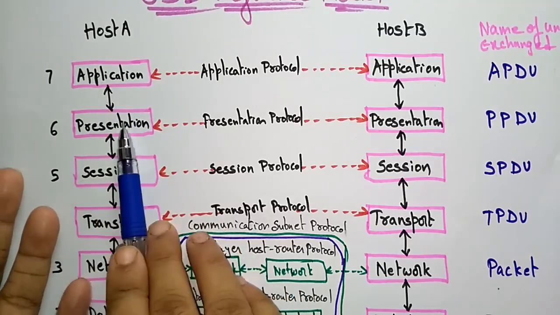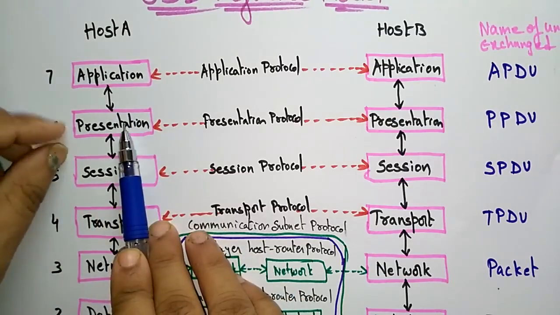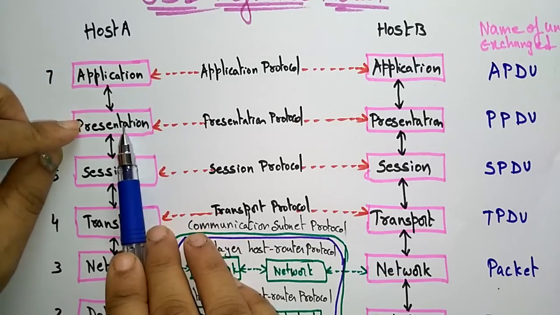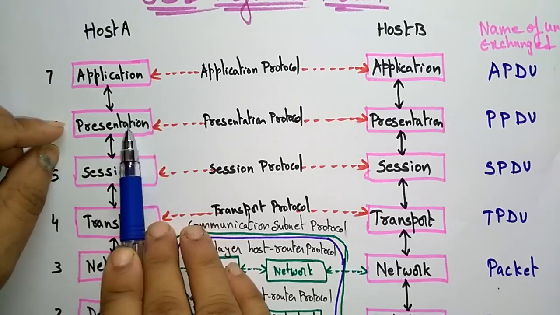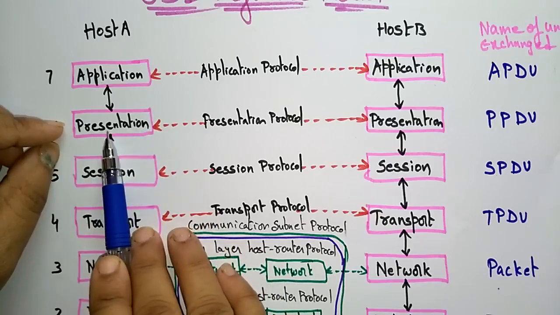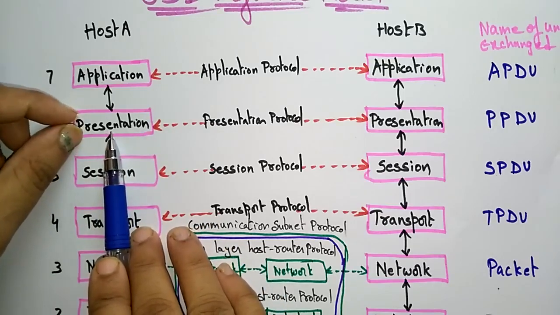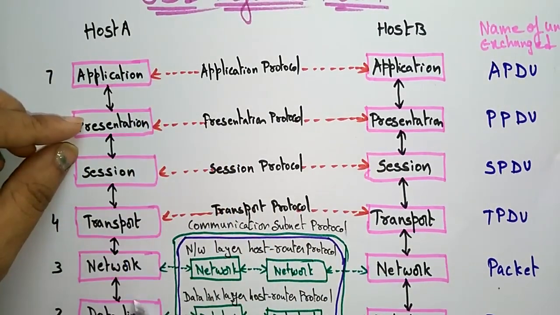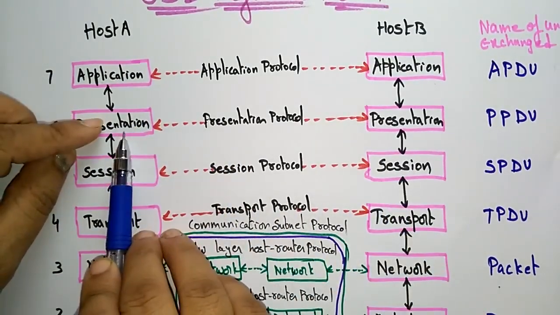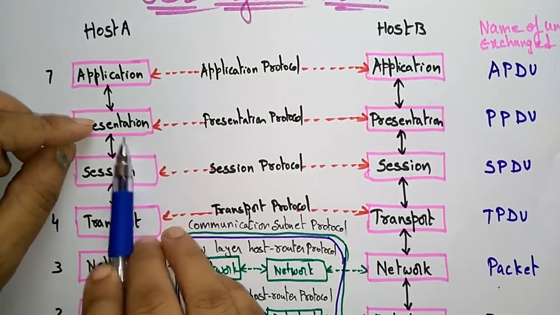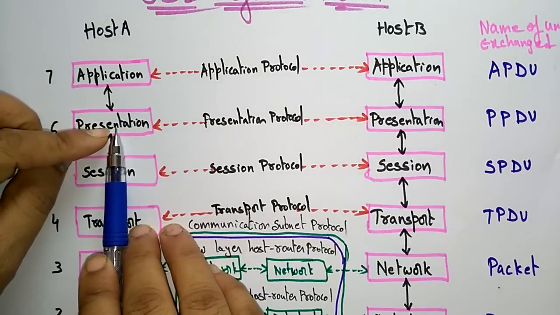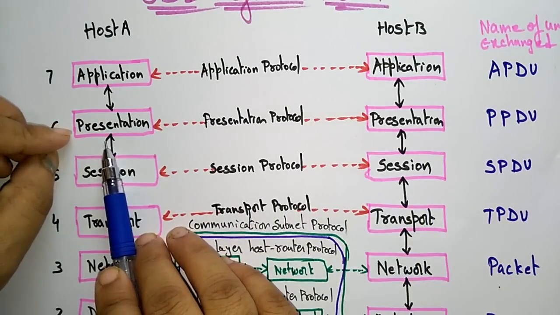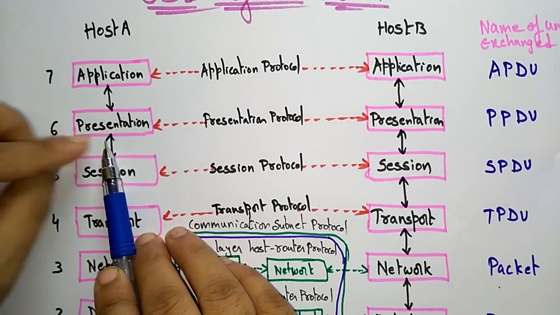The meaning is the same, but the representation is different. It is all in encrypted and decrypted form. If the information is to be sent to host B, it is in encrypted form. If it is received from host B, the presentation layer will decrypt the data. And the name of the unit exchanged here is the Presentation Protocol Data Unit.